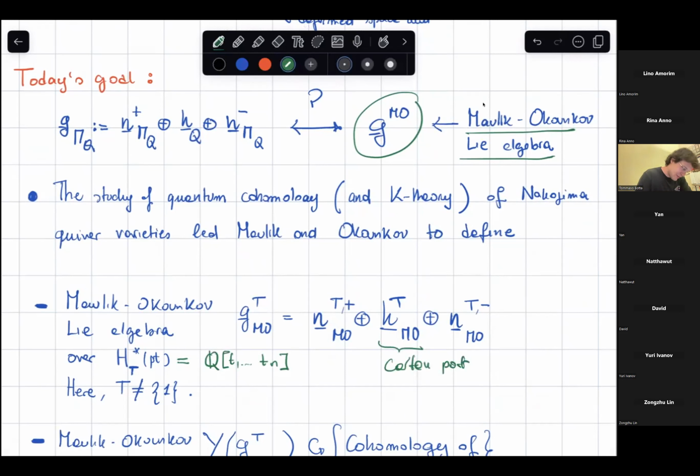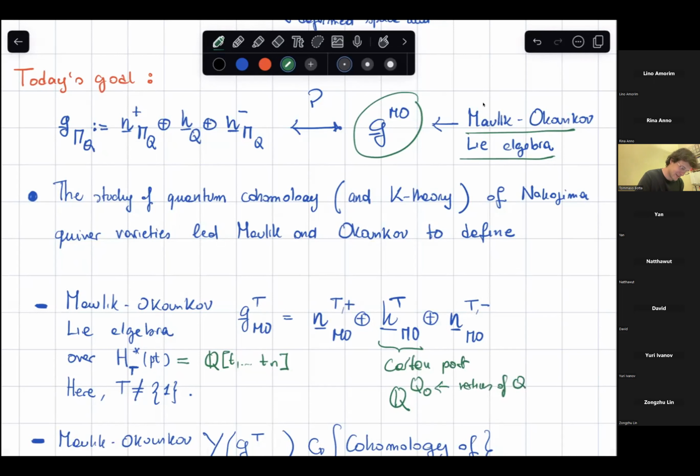So in principle, one from the theory of generalized Kac-Moody Lie algebras would expect that this is just essentially a bunch of copies of the rational numbers, as many as the number of vertices in my quiver. But actually, it is twice as big.